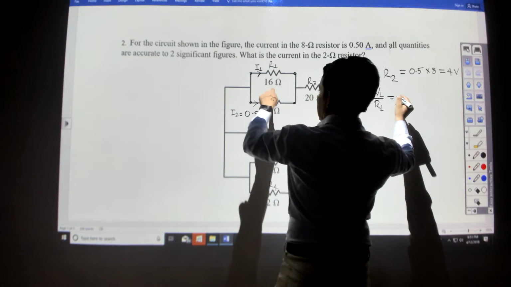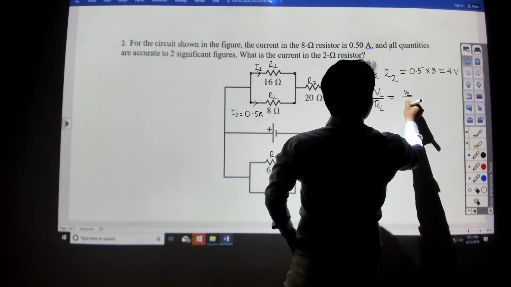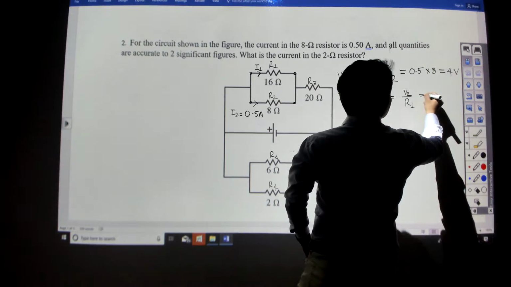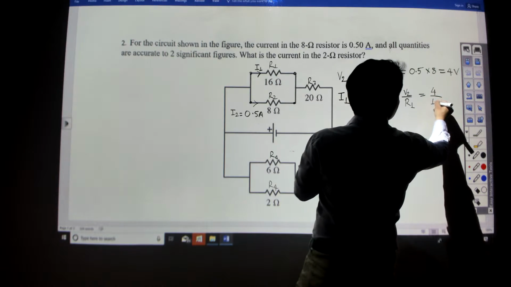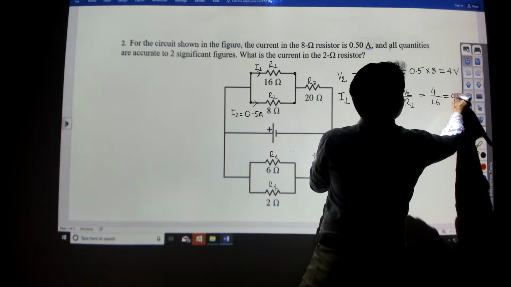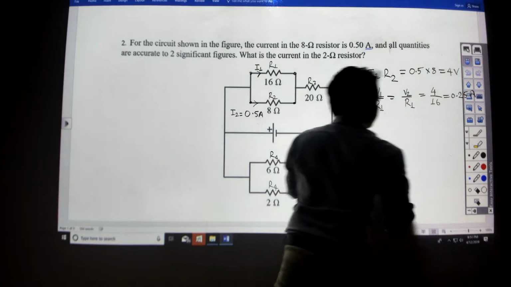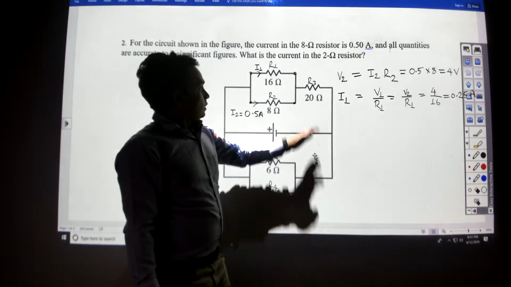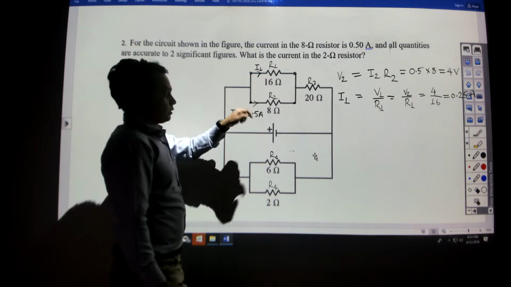And V1 is exactly equal to V2, so it is V2 over R1. V2 was calculated as 4 volt and R1 is 16. So we have 0.25 ampere. So we now calculated 0.25 ampere here, and here we have 0.5.